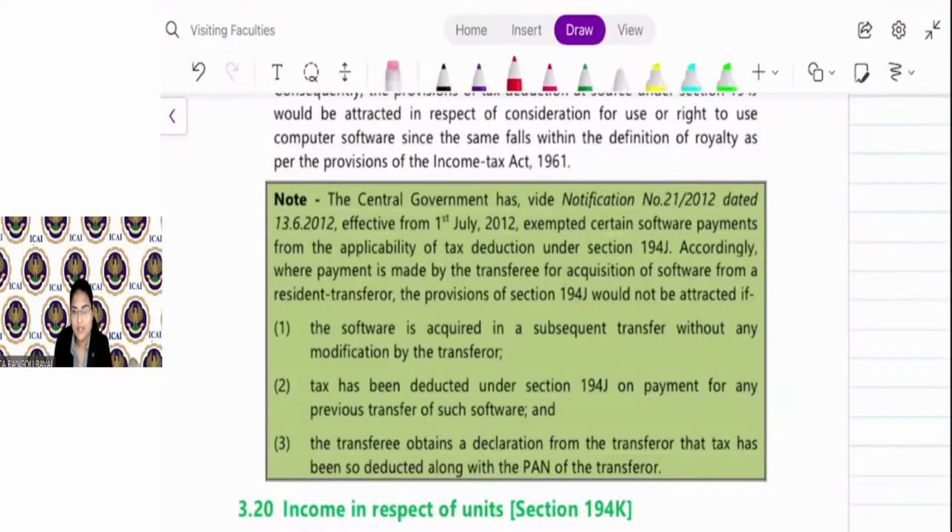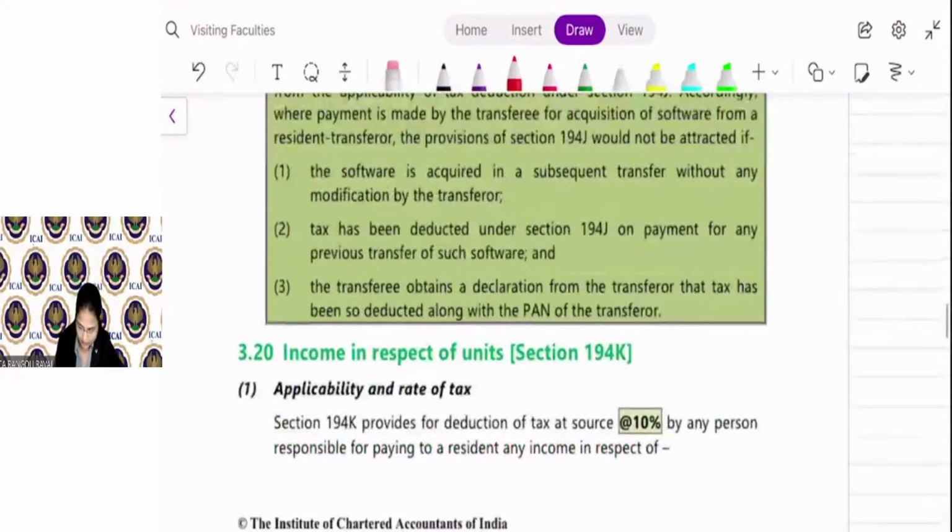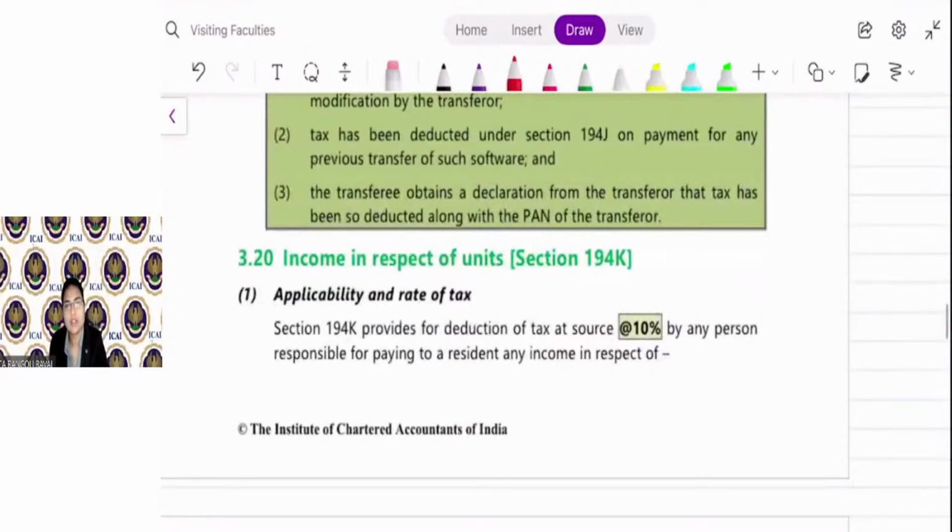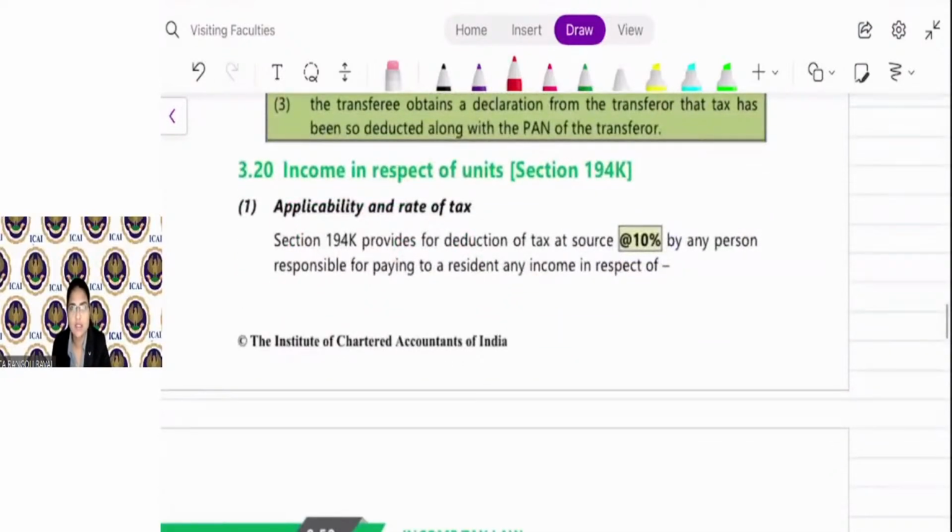And here the transferee, that is the purchaser of the software, is required to obtain a declaration from the transferor that TDS was already deducted on the earlier transaction. Therefore, again TDS is not required to be deducted, and the PAN of the transferor is required to be obtained by the transferee. Clear, everyone? If you have any doubt under section 194J, then let me know.